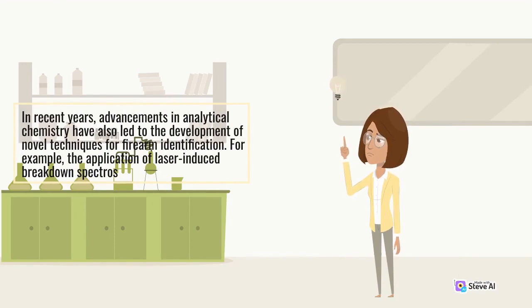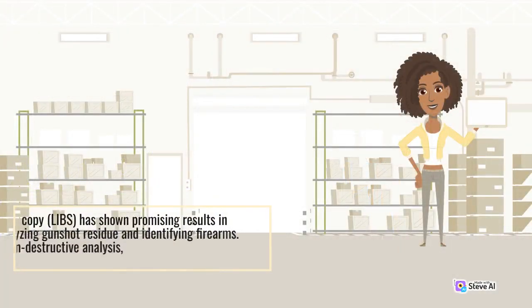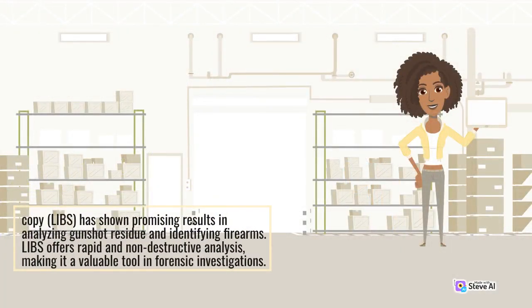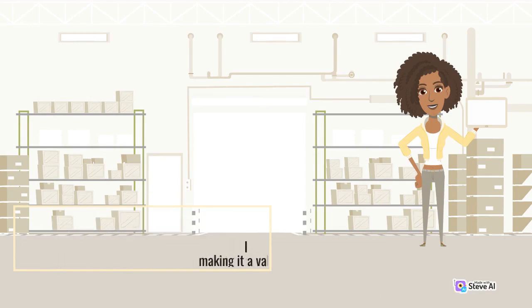For example, the application of laser-induced breakdown spectroscopy (LIBS) has shown promising results in analyzing gunshot residue and identifying firearms. LIBS offers rapid and non-destructive analysis, making it a valuable tool in forensic investigations.